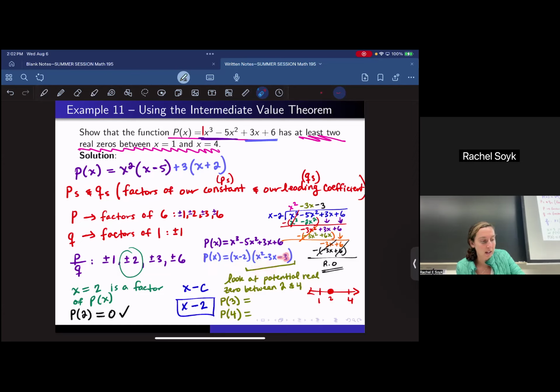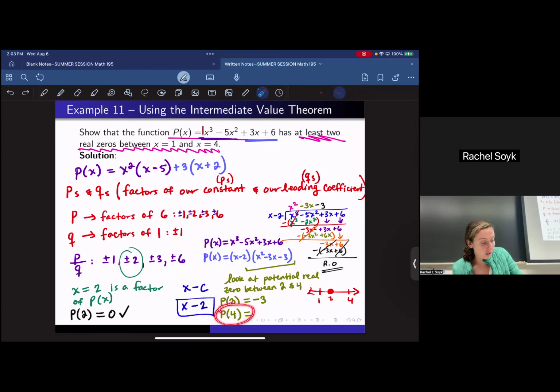Minus 3 gives you negative 3. So we have a negative y value here. Think intermediate value theorem. We need to have a negative, and then it needs to jump to a positive for us to prove that there's another real root crossing through that x-axis. So if this is positive, we're good. If it's not, then we can't prove that we have at least two real zeros.